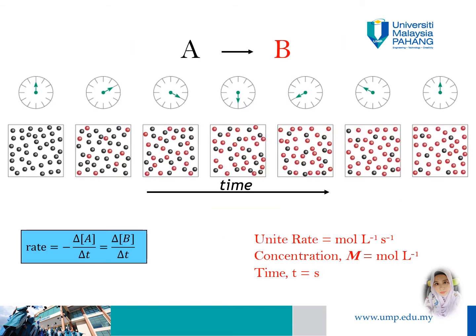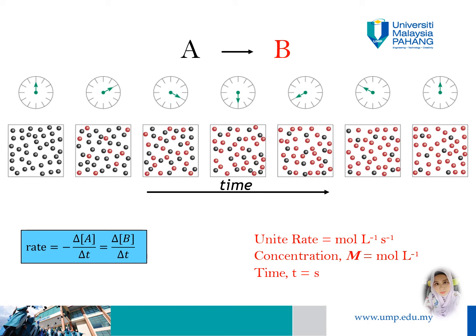From the figure here, you can see the formation of the product B from the reactant A. Initially A, in black color, is present at time 0. Then as time increases, product B, the red color, is formed.